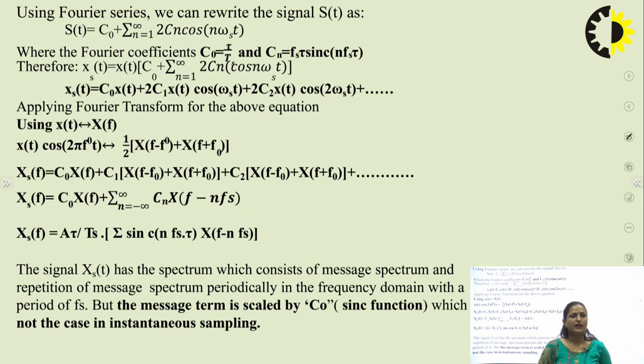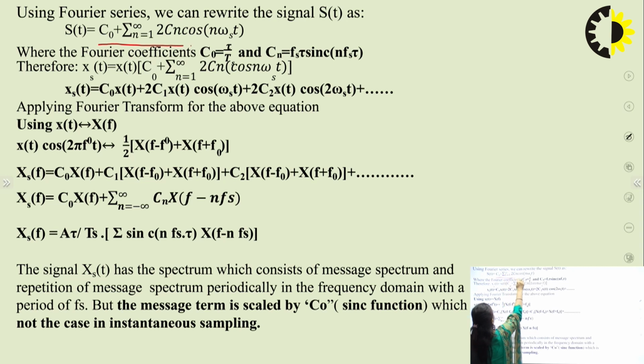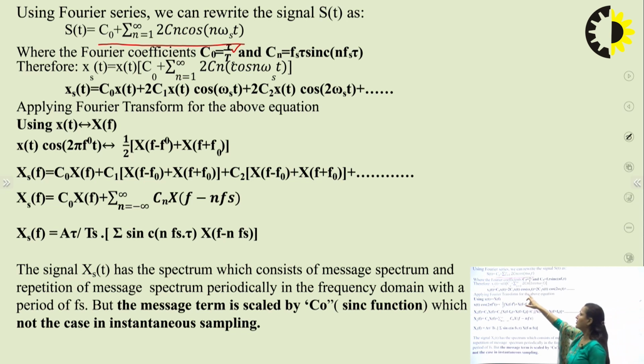So it can be mathematically represented by using a Fourier series. The train of pulses is represented as s(t) = c0 + the sum for n from 1 to infinity of 2cn cos(n omega_c t), where c0 is the DC coefficient, that is tau by Ts, and cn is equal to fs tau sinc(n fs tau). So we will multiply the message signal with the rectangular pulse: x_s(t) = x(t) · s(t).